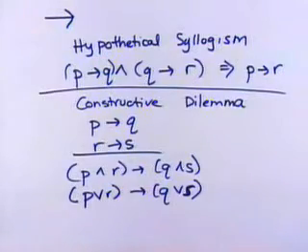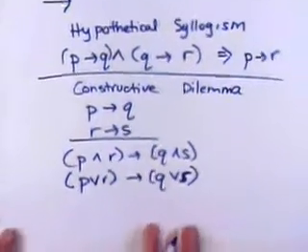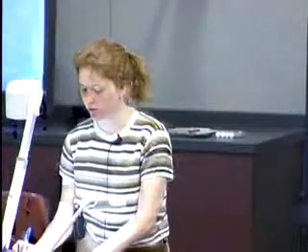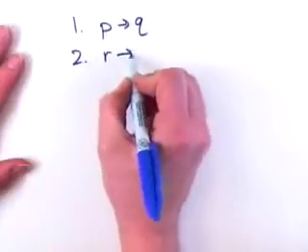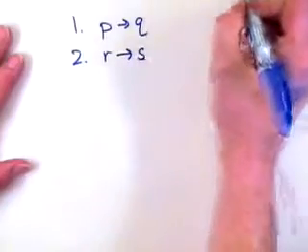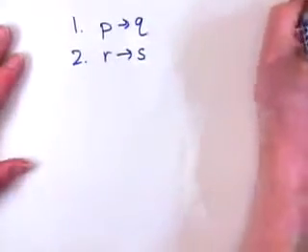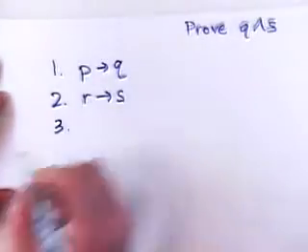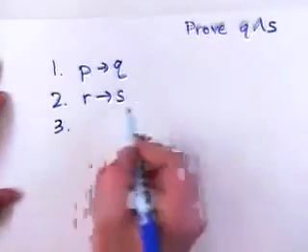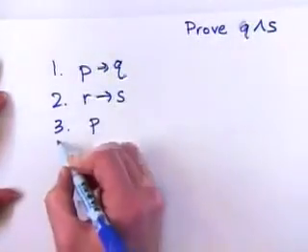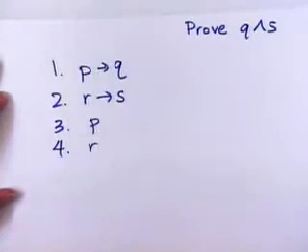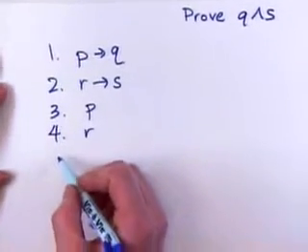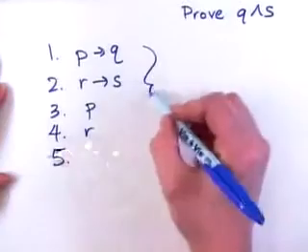How does that make a proof really short? Let me give you an example of a proof. If I had to prove Q and S, and I know P implies Q and R implies S, and I also know P and I also know R, then I could make this proof pretty short by saying all these are given.